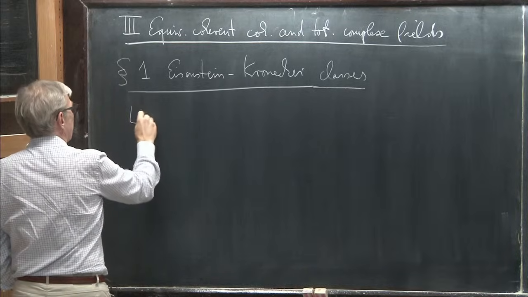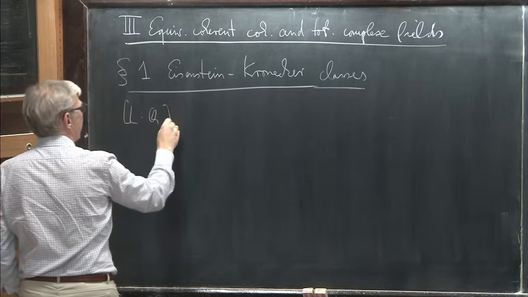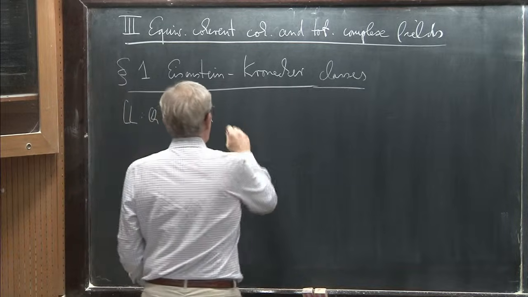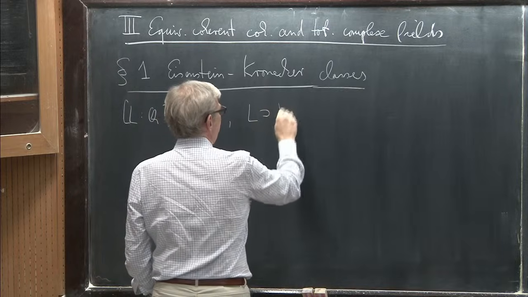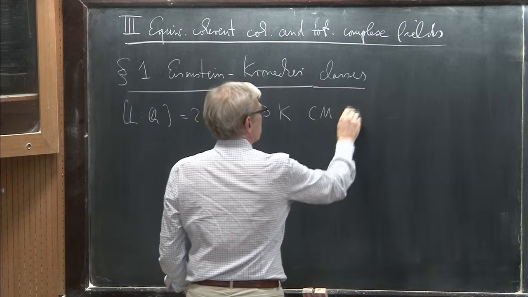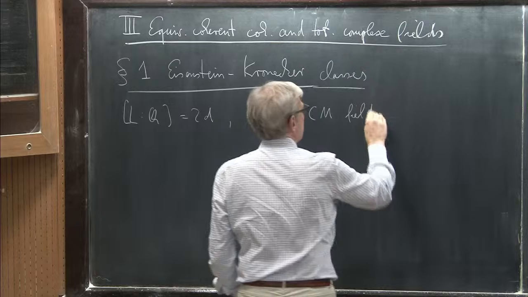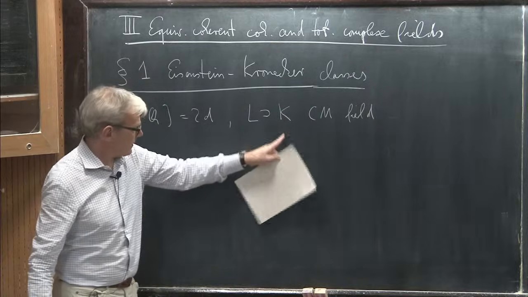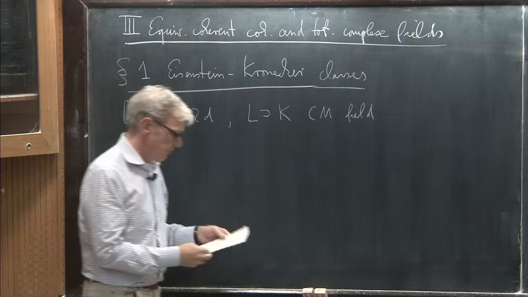So let's consider a number field L of degree 2D over Q, over the rationals, and it should contain a CM field. This is a totally imaginary quadratic extension of a totally real field.